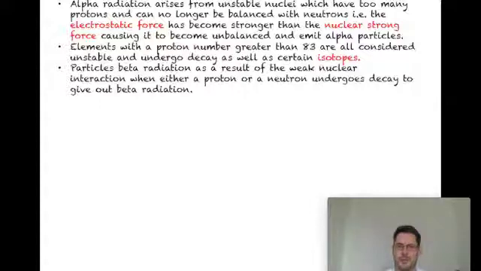Also from this, we can also see that the last point there is beta radiation is a result of what we call the weak nuclear interaction, and this is another force at play, and this is responsible for protons or a neutron giving out beta radiation.